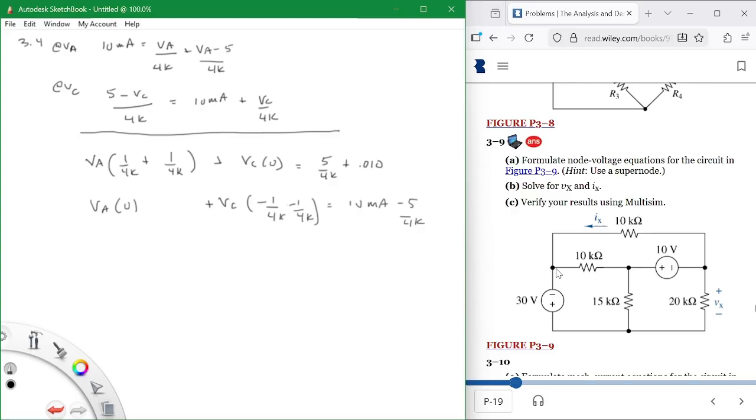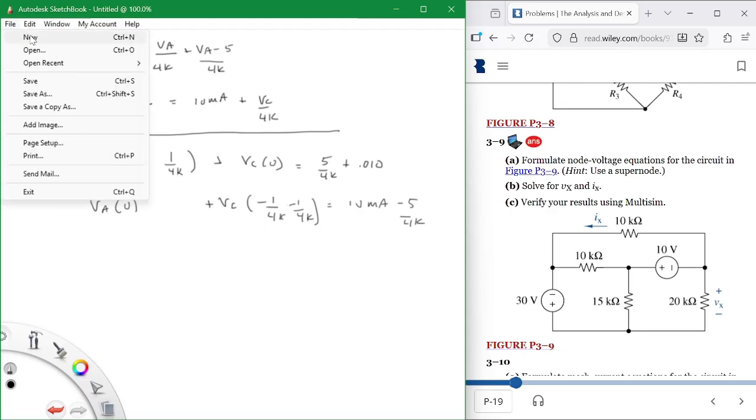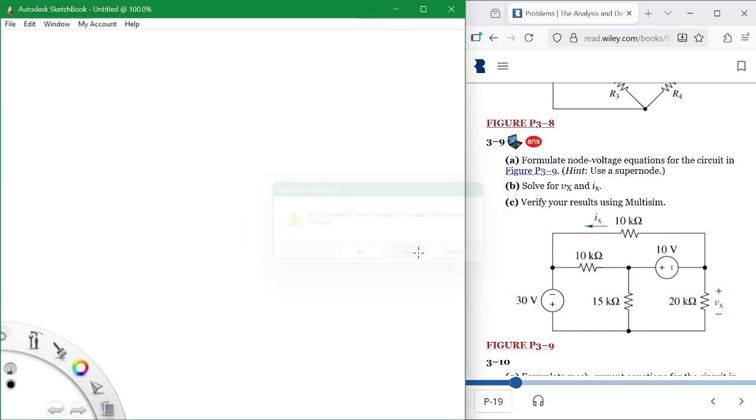This one we know. This one we don't know, and this one we don't know. So really this is VA and VB. So we're going to write two equations, two unknowns for this one. This one's a little bit more, just a little bit more than the other ones. Let's just try it though. This is 3.9.